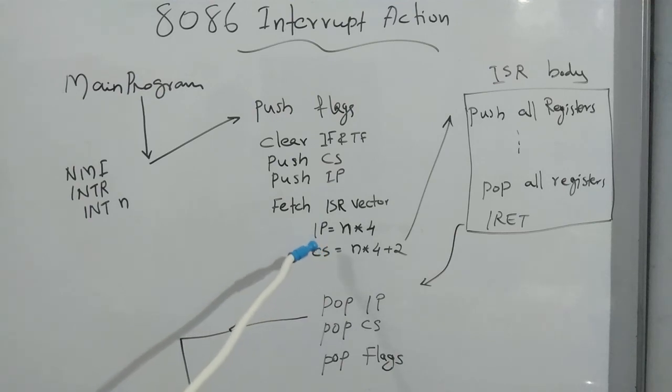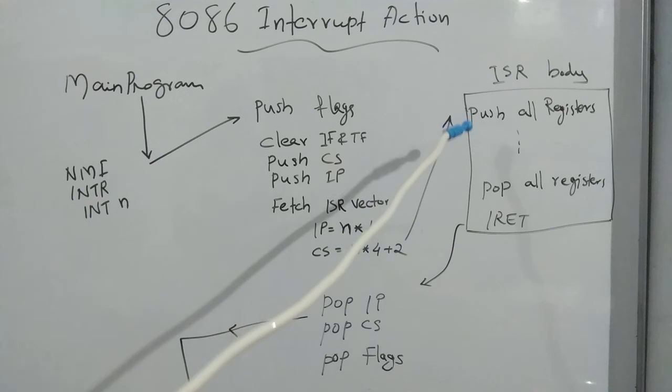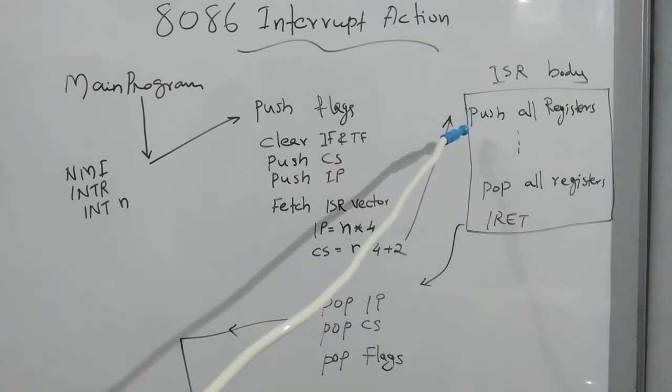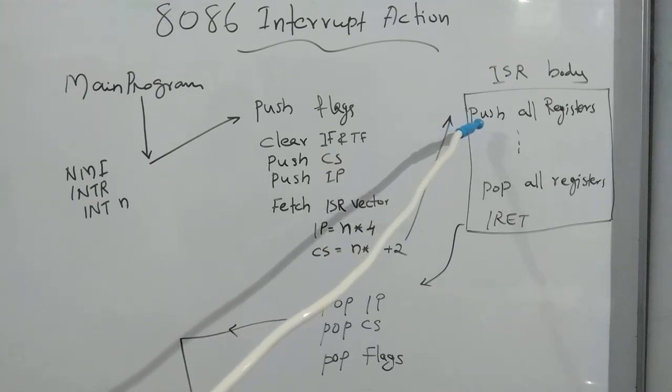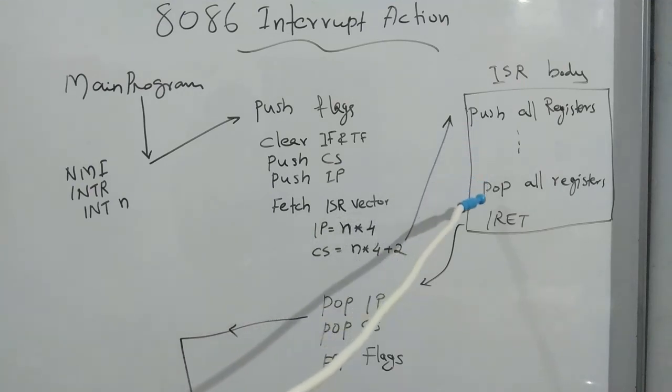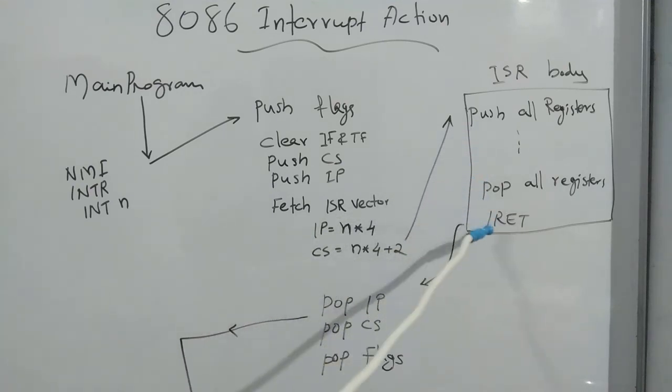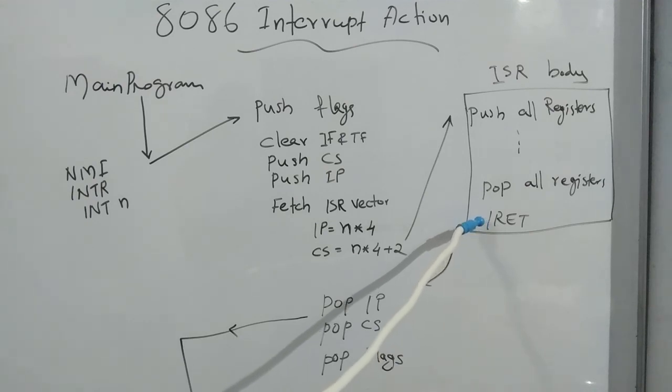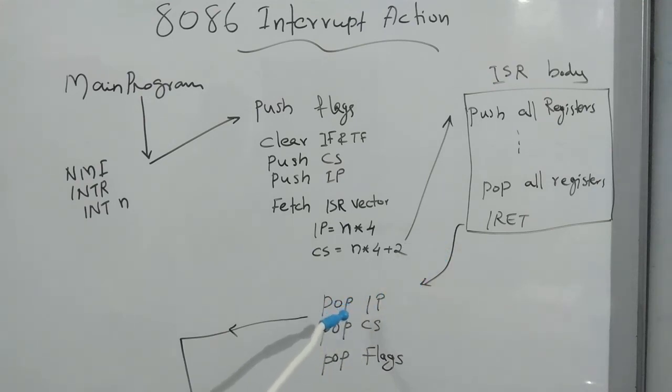Now it is ready to start the execution of the interrupt service routine. Inside the interrupt service routine, it will push all the registers, then execute the statements. After that, it will pop all registers and return from the interrupt service routine. Then it has to pop the IP contents, then pop the CS content, then all the flags. Now it is resuming the execution of the main program.